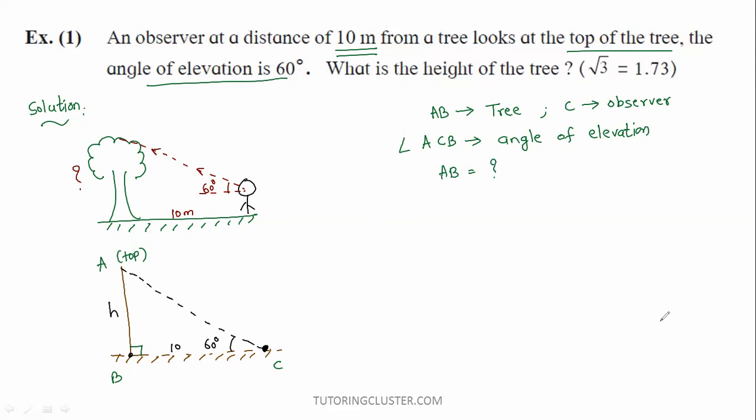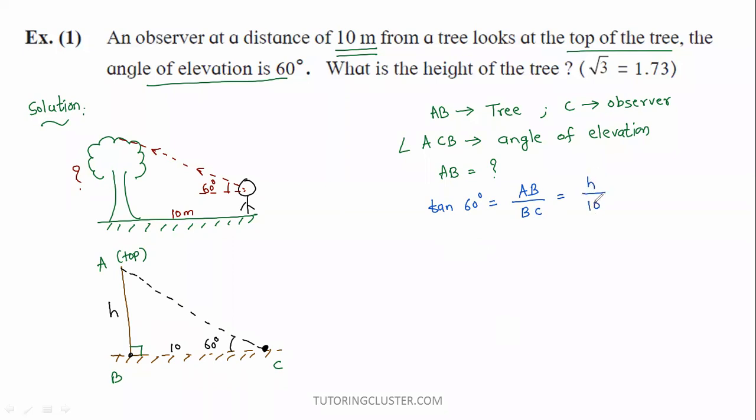See, we are going to use a simple trigonometric ratio. If I have to write sine 60 degree, so what is sine 60 degree? What is the opposite side? AB. Now, hypotenuse. What is the hypotenuse? AC. So AC is unknown. What we know is BC. So what we have to take? You have to go with tan here, right? Okay, so tan 60 degree, opposite side upon adjacent side. So this is equal to what is AB? h.